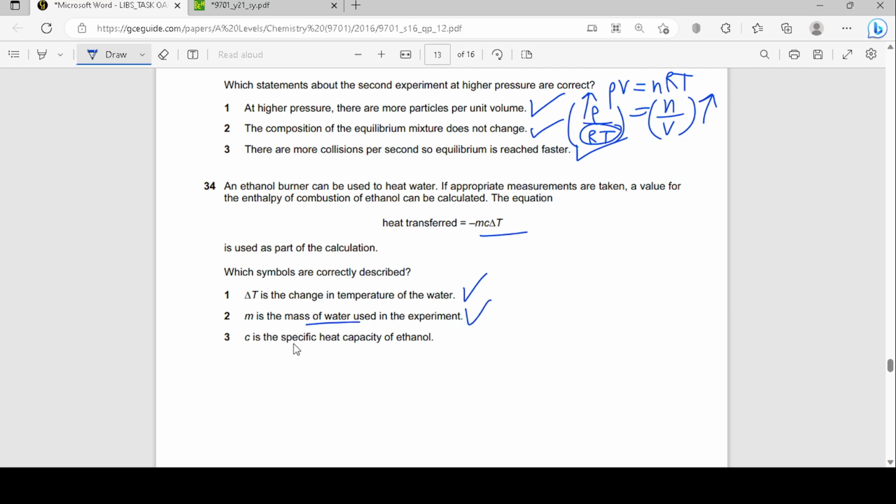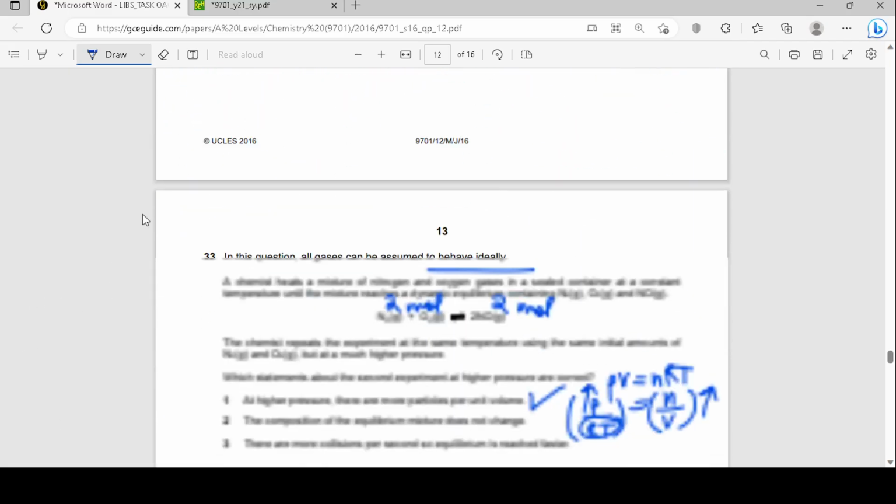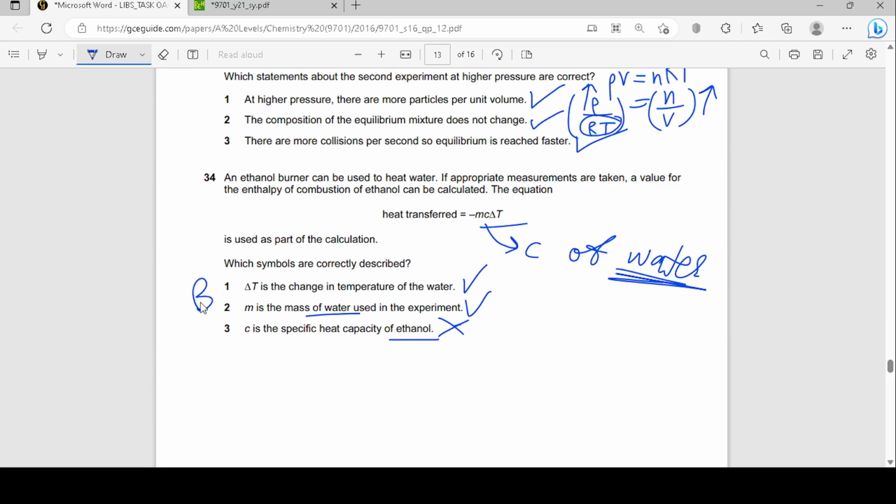That's right. c is the specific heat capacity of ethanol. That's wrong, right? Because it's actually the specific heat capacity of water that we use in the equation. So if three is wrong, one and two are right. So just remember that it's actually the specific heat capacity of water.